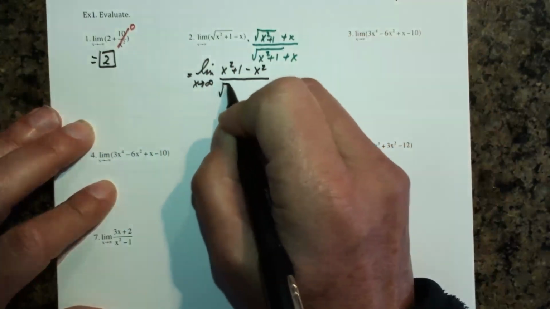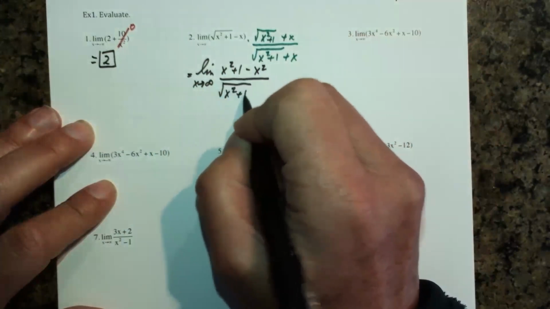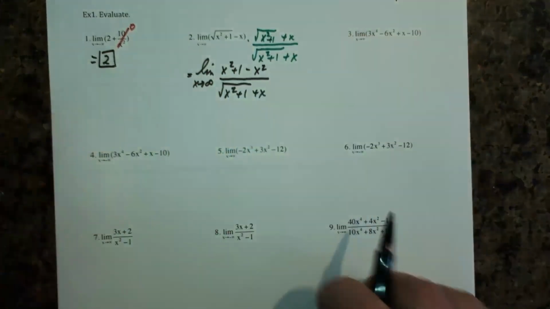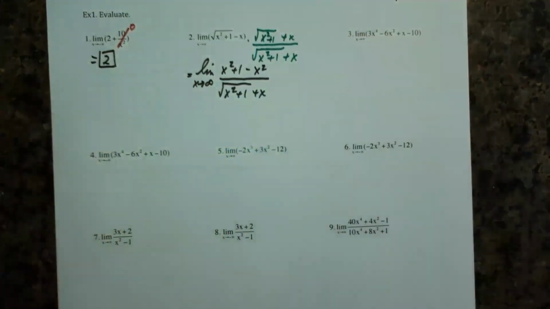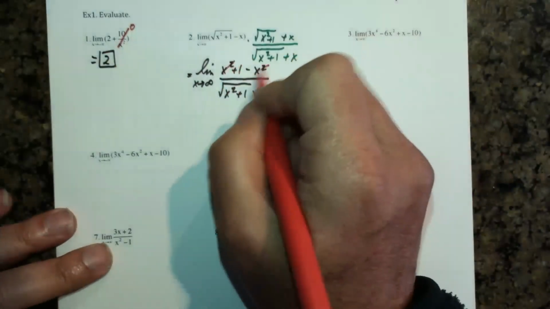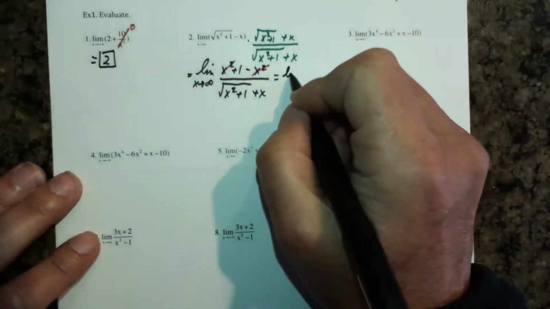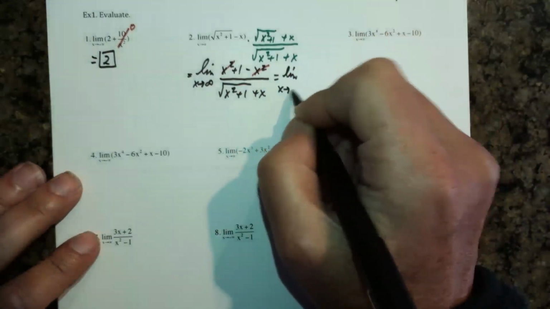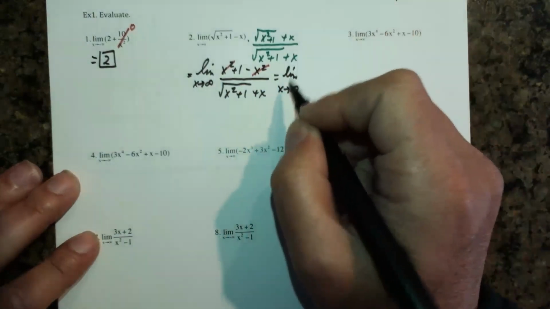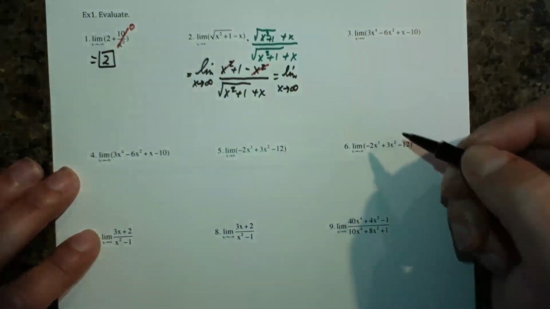And you'll note down below there, you'll notice, hopefully, the x squareds are gone. So we are just left with, and again, please note that I'm writing the limit each time. You need to do that.